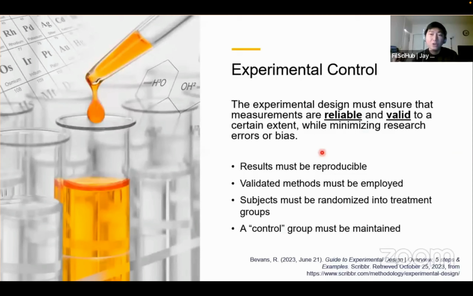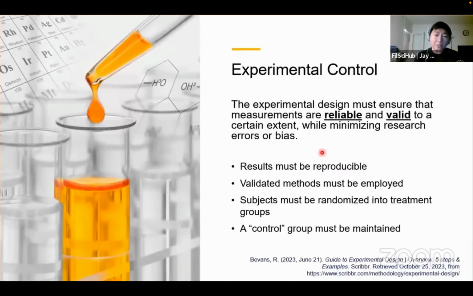And how do we ensure that the methodology is valid? We use validated or standard methods. Let's say when we're doing meta-analysis, so ang standard method po dyan usually is what is called atomic absorption spectroscopy or AAS, or ICP, inductively coupled plasma spectroscopy.